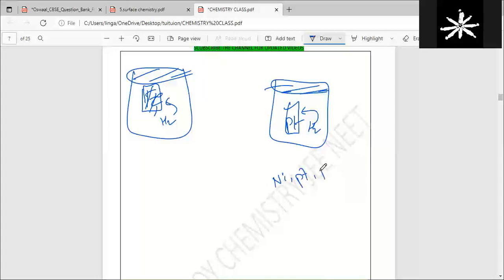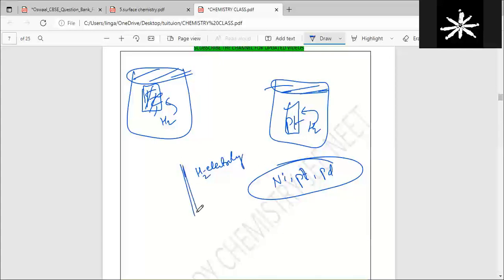Nickel, platinum, palladium, these are hydrogenating catalysts. Have you remembered this? In organic chemistry also it came. Even in electrochemistry it also came. Hydrogen electrode, how did we make it? Actually, hydrogen is a gas. With the gas, we cannot make any electrode. So in that case, what did we do? We took a platinum wire. The platinum wire adsorbed hydrogen.